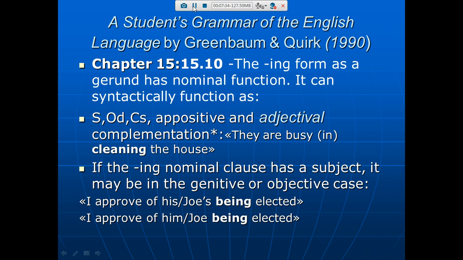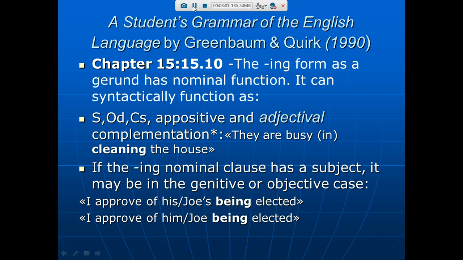Now, if the ing nominal clause has a subject, this subject may be in the genitive or objective case. This is also interesting. So you can say something like, "I approve of his being elected," or "I approve of Joe's being elected." His or Joe's being elected is a nominal clause, object of the preposition.